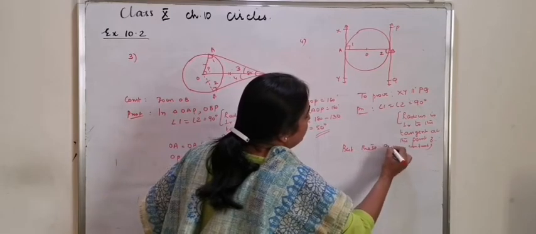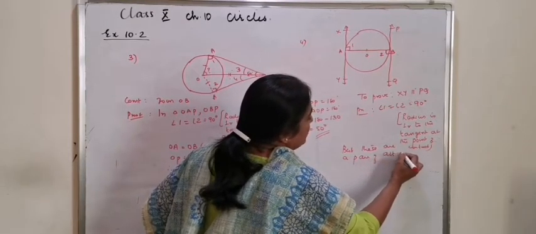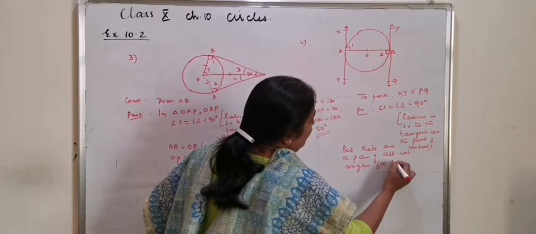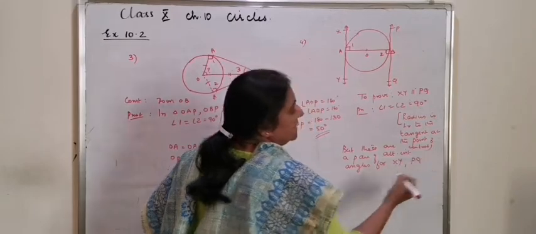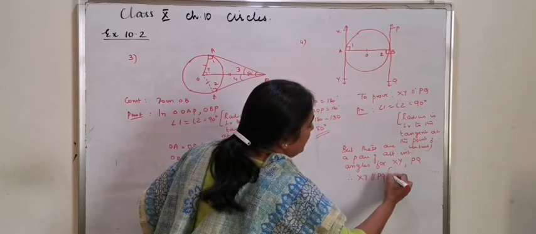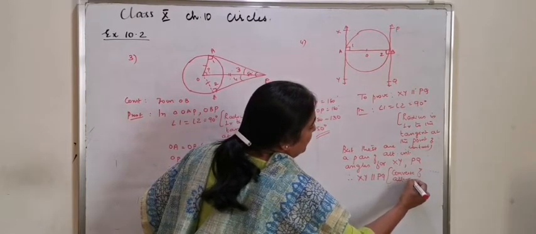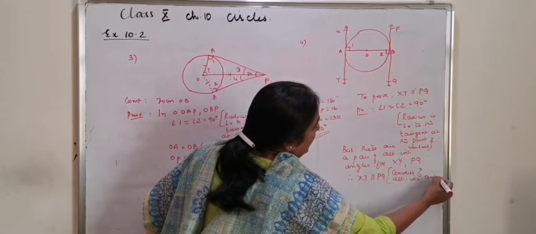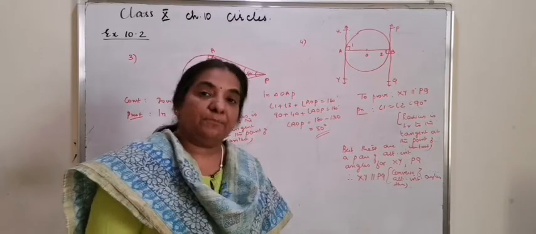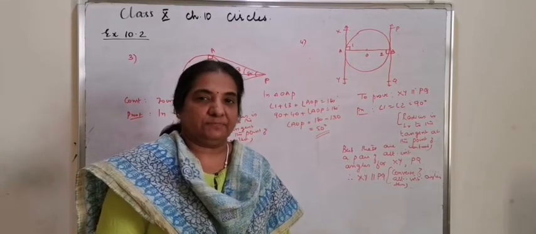These are a pair of alternate interior angles for XY, PQ. Therefore, XY parallel to PQ by the converse of alternate interior angles theorem. Mark it as a very important 2-mark question. It's a frequently asked question.